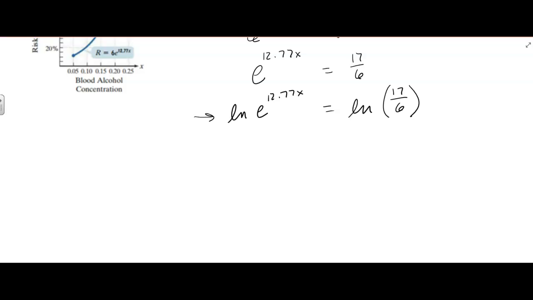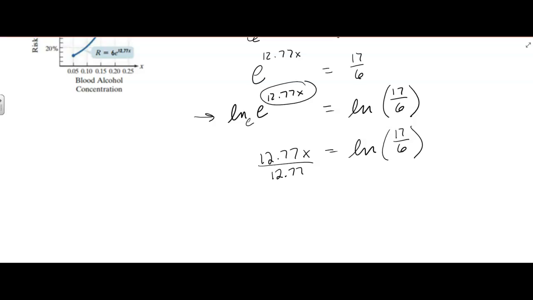Okay, now this is property 3 because the base here is the same as the base in the argument, so it just is that exponent. 12.77x equals the natural log of 17 over 6. Okay, so we're almost done. We just have to divide both sides by 12.77.